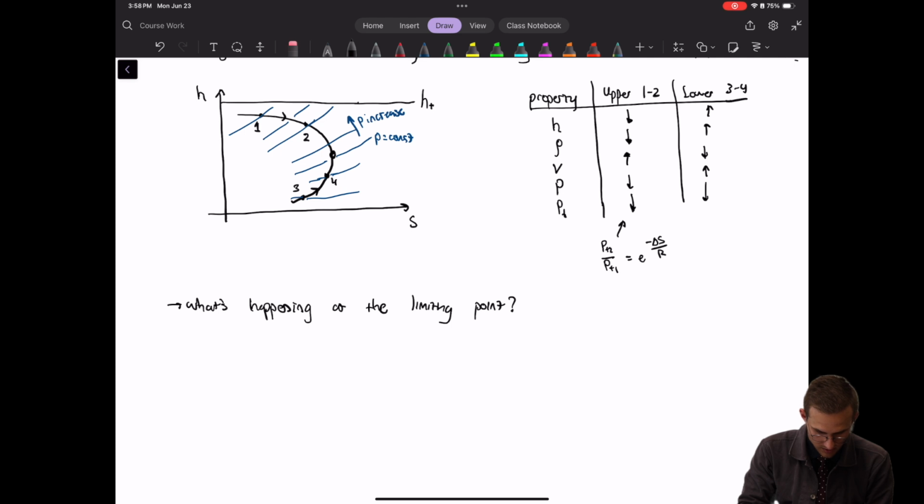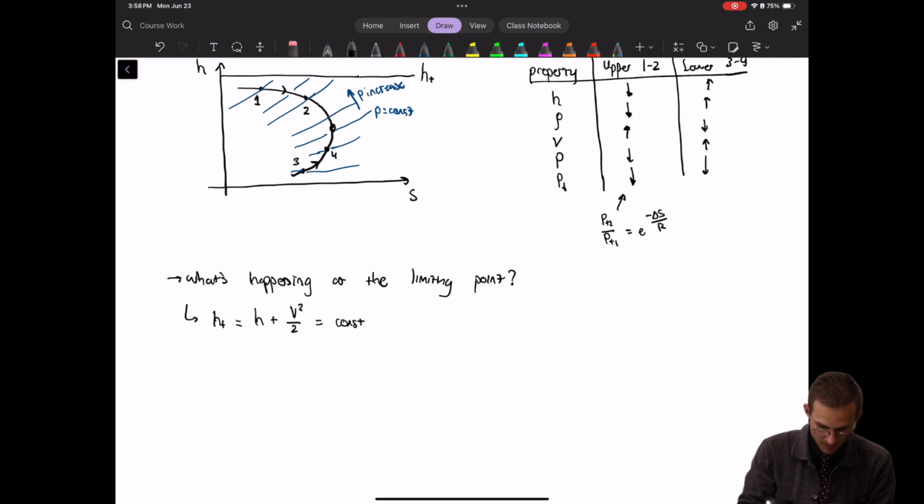Okay, so we know that the total enthalpy is constant. So if we take the total differential of this, we get that dH plus V dV is equal to 0. We also know that rho V is constant.